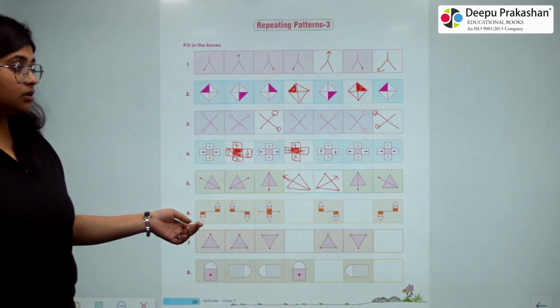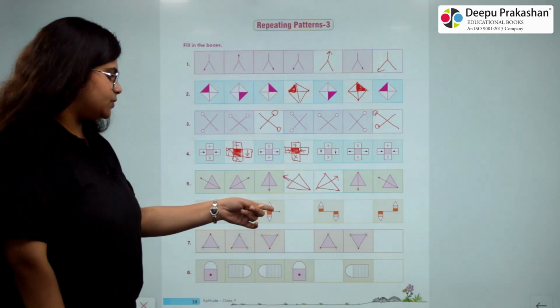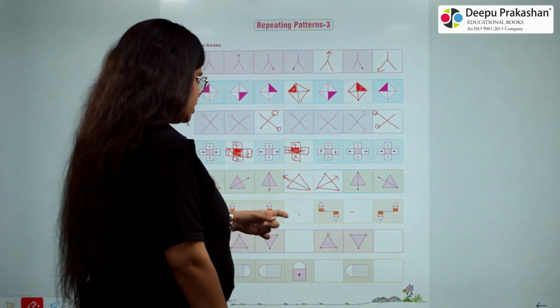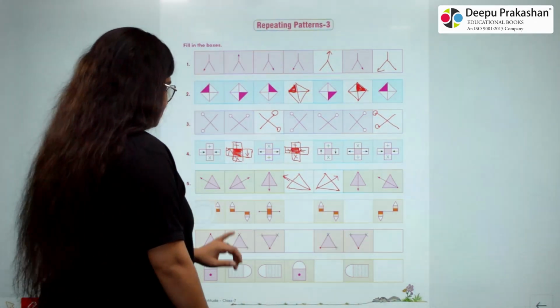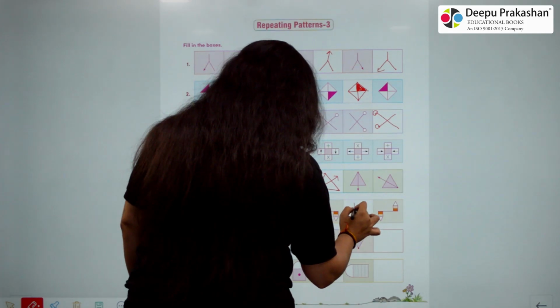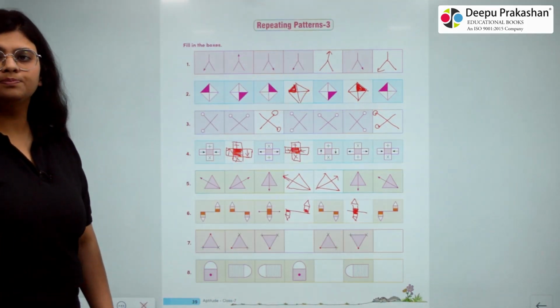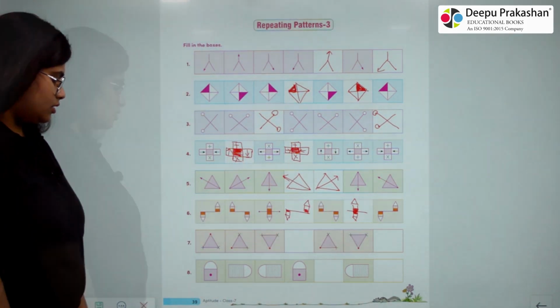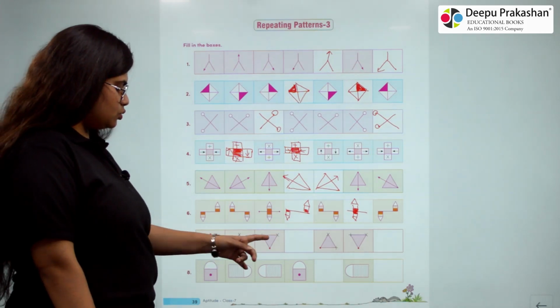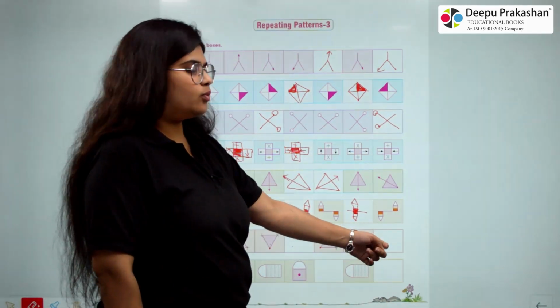Here also we are given 3 images, 1, 2, 3, then 1, 2, 3. So here first and third image will come. Okay, 7. Here we have 1, 2, 3, 1, 2, 3, 1.